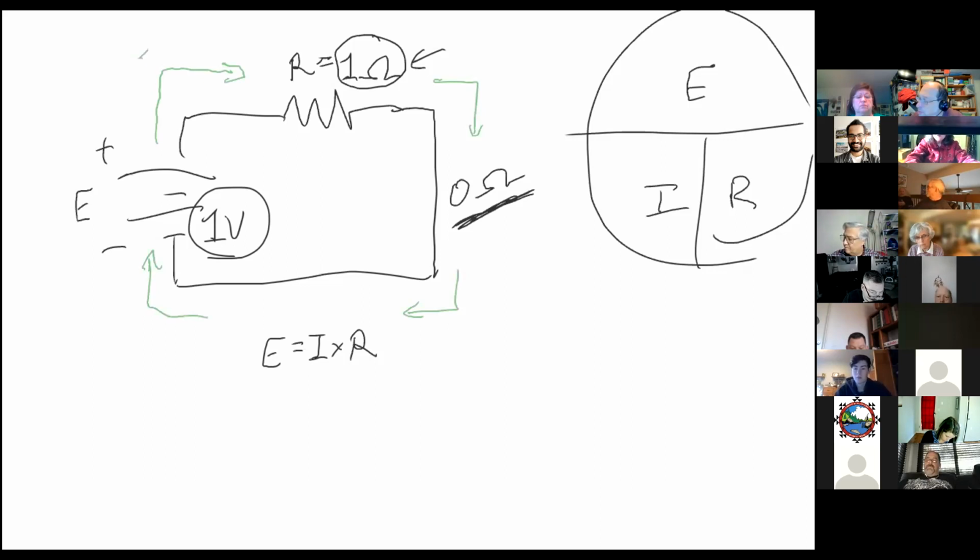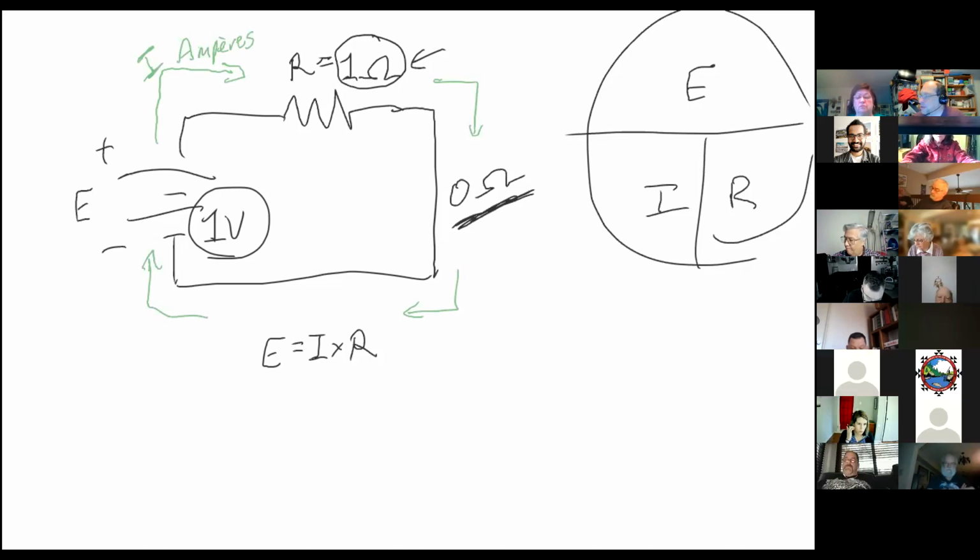We're going to use a big letter I, and that is measured in amps, or amperes, named after Ampere, who was another 1800s scientist. The unit is given by the big letter A for amps.